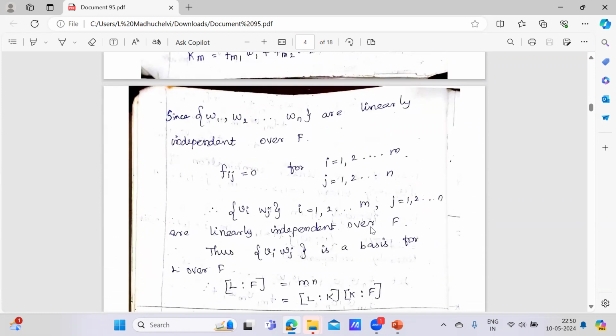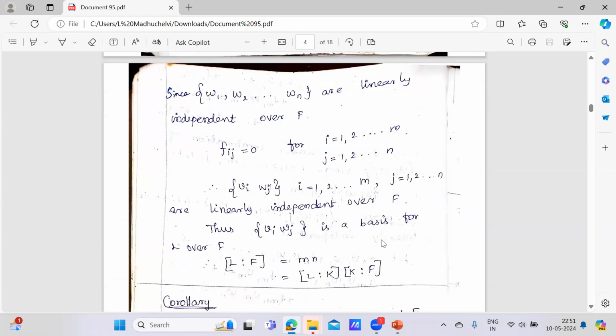Since W1, W2, etc. Wn are linearly independent over F, Fij equals 0 for i equals 1 to M, j equals 1 to N. Therefore, the set Vi Wj, i equals 1 to M, j equals 1 to N, is linearly independent over F. Thus, the set Vi Wj is a basis for L over F.